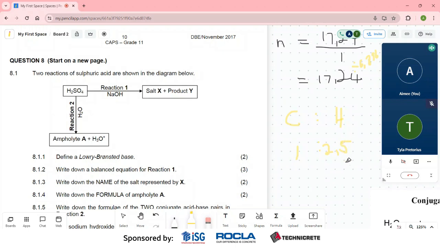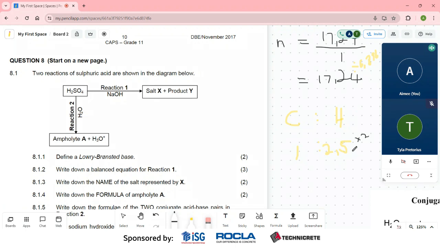But remember earlier I said to you that we don't really appreciate decimal numbers. We don't appreciate decimal values in a ratio. It's not accepted. Fractions and decimal values are not acceptable when it comes to ratios. We want whole numbers. Ratios are whole numbers. So how do I get rid of 0.5? I multiply by 2.